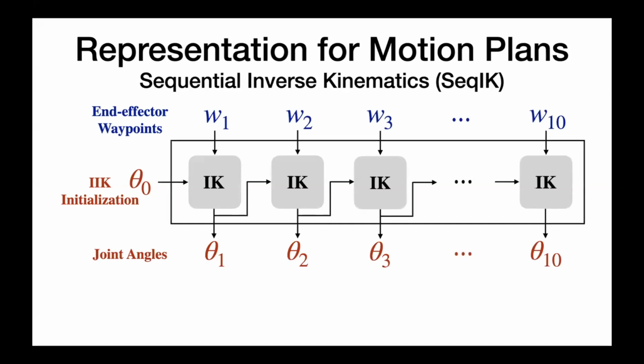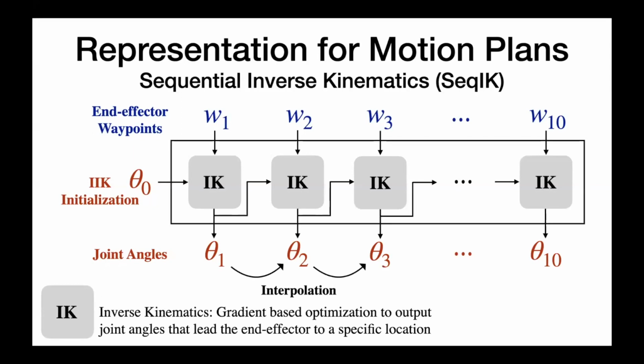And now note that we are not solving these inverse kinematics problems independently. We're going to warm start the inverse kinematics for the second waypoint from the solution of the inverse kinematics for the first waypoint. And just in case you don't know about inverse kinematics, you can think of it as gradient-based optimization to output joint angles that will lead the end effector to a desired pose.